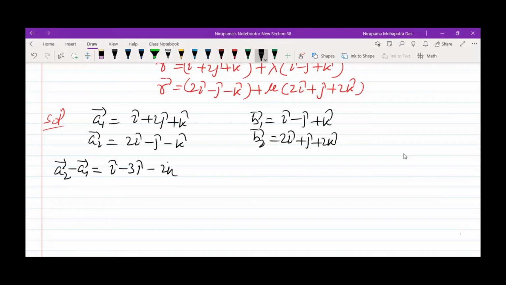Okay, next we will take b1 cross b2. b1 cross b2 is equal to the determinant with i, j, k, then 1, minus 1, 1, then 2, 1, 2. You know how to find it. So find the vector, the cross product.